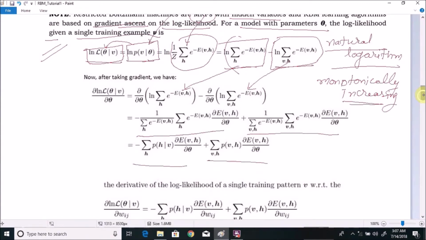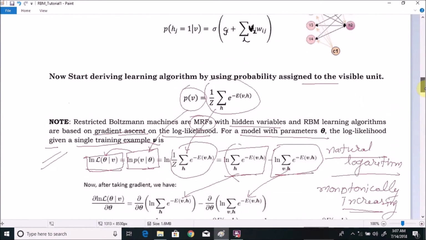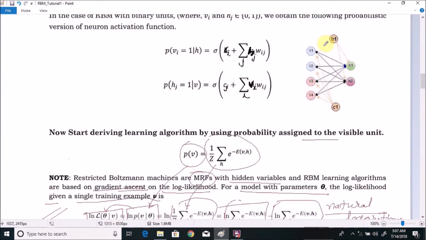Now we take the log likelihood of a single training pattern V with respect to a weight Wij. Why? Actually, when we train any network, whether an artificial neural network, deep neural network or convolutional neural network, the main purpose of training is to learn the weights of the connections.